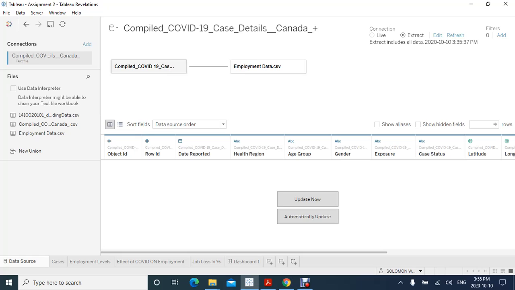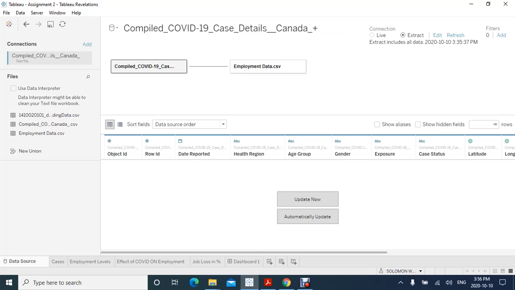So to know which sector is mostly affected, I need to look at which months have the highest cases of COVID-19 and compare it to the employment levels within those months.